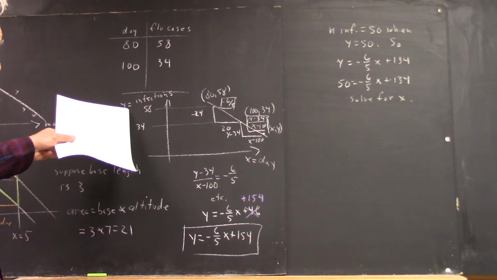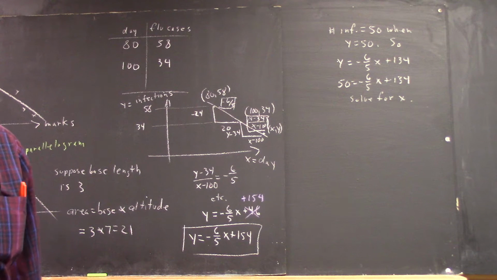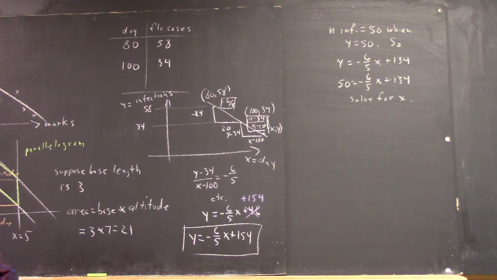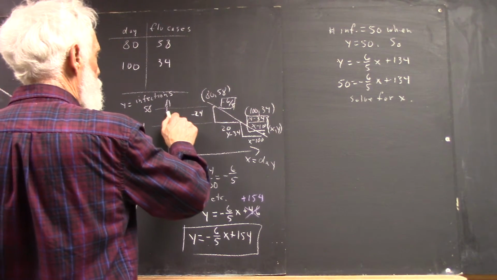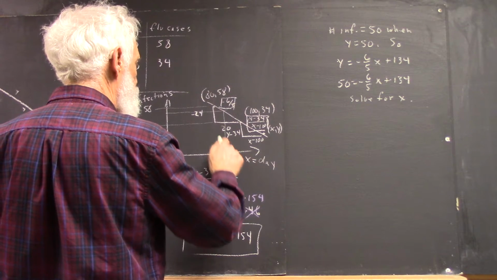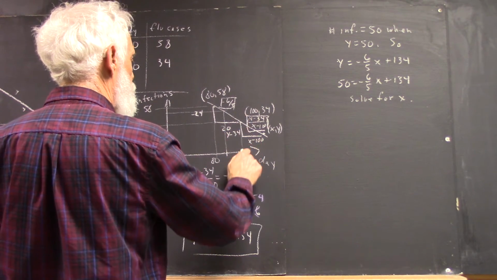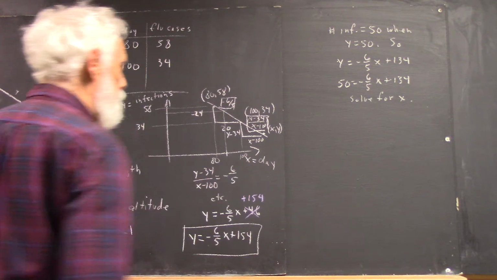So where do you think 50 would be? Is it going to be closer to 58 or closer to 34? Yeah. And it's going to be maybe about twice as close to 58 as it is 34, but you don't have to go to the trouble of making that much calculation. You know it's going to be closer, so you guys say, okay, so let's suppose it's here. Let's see what X is. Well, let's see now. X is 80 here, and it's 100 here, right?